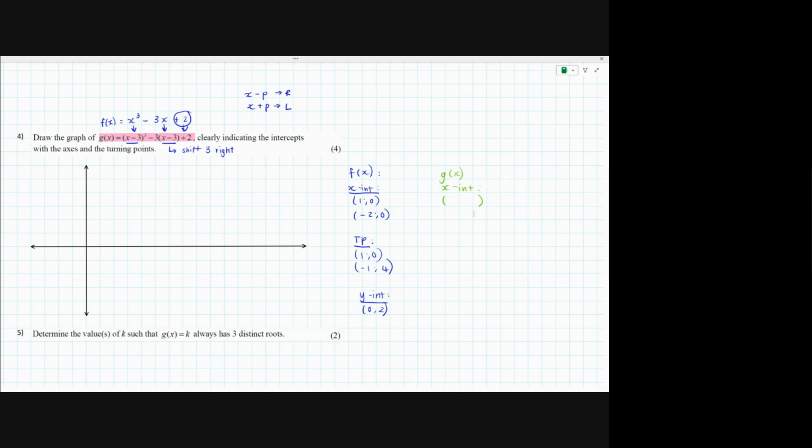Where will that x-intercept end up once it's shifted 3 units to the right? Remember, (1, 0), 3 units to the right.